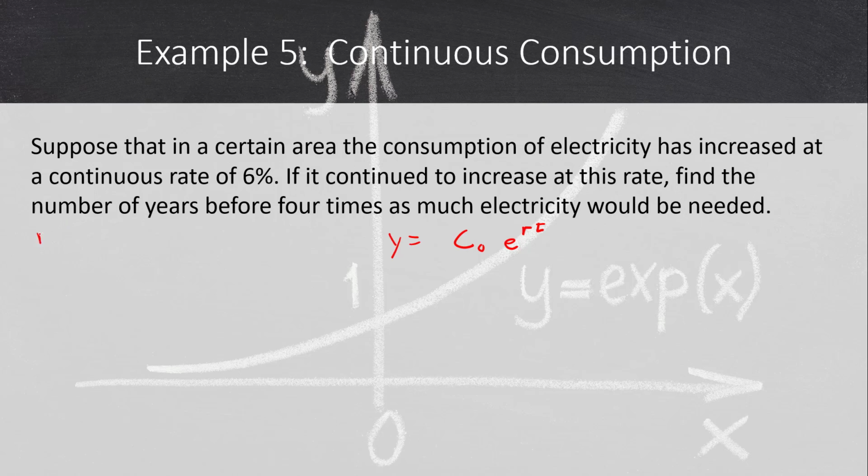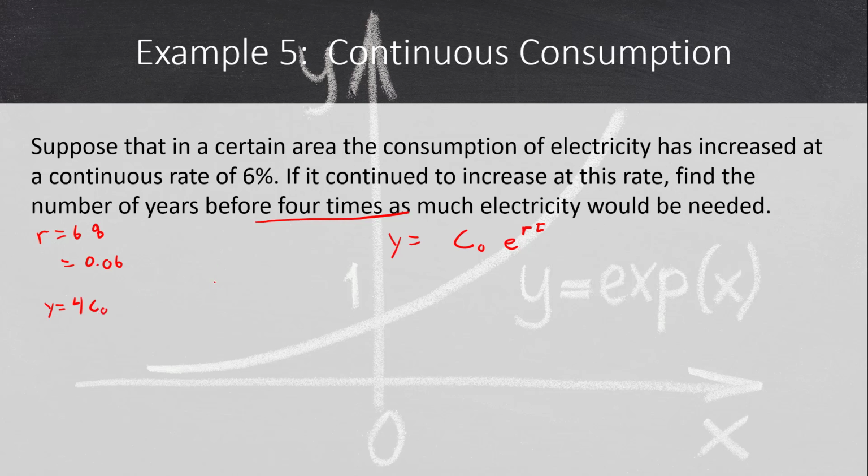Now here r is 6%, but we can't use r as a percent, so we need to write this as a decimal. That's going to be 0.06, and y is going to be equal to 4 times C naught, because we want to know how long it's going to take for the electricity consumption to increase by a factor of 4. So y is equal to 4 C naught.